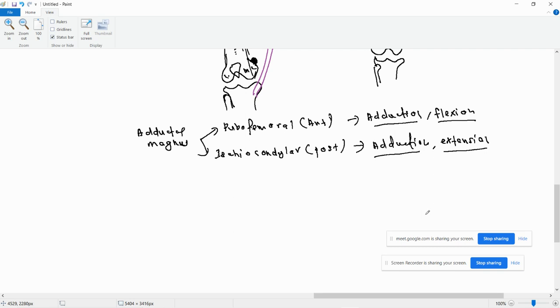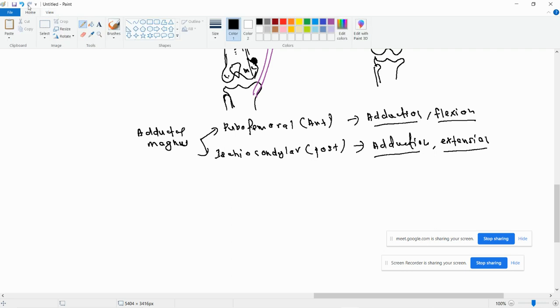And also, as I explained before, since this adductor magnus is very big, it receives two nerve innervations, right? Please, you need to remember, class. After this, when we talk about plexus, the nerve supply to your lower limb, you should remember this. The pubofemoral part is supplied by the obturator nerve, whereas the ischiocondylar part, the most posterior, as you know, every posterior muscle will be supplied by your sciatic nerve.